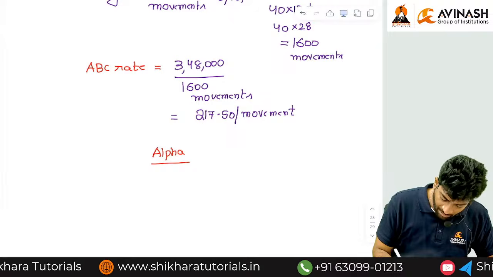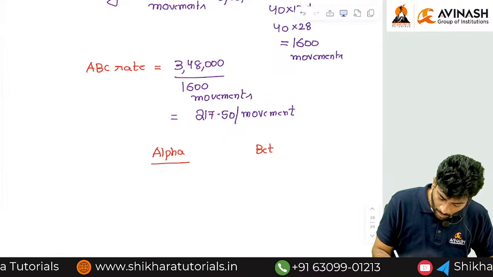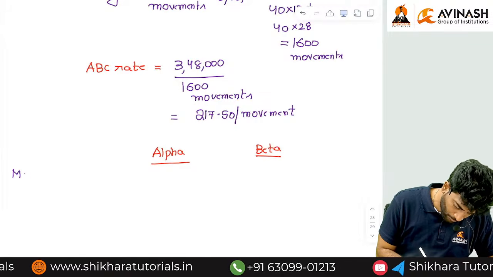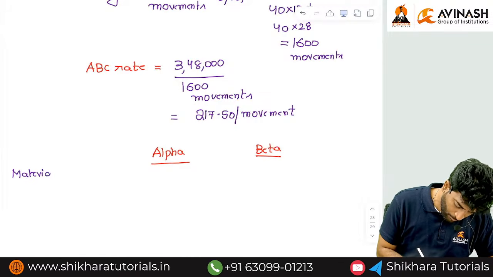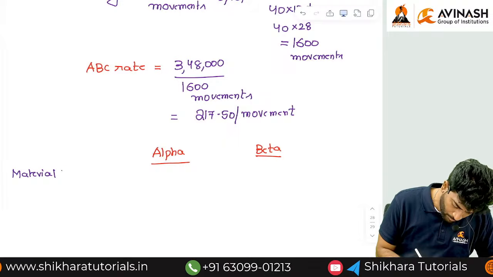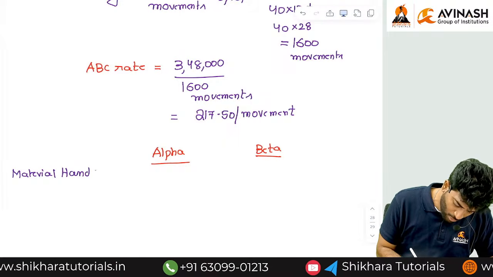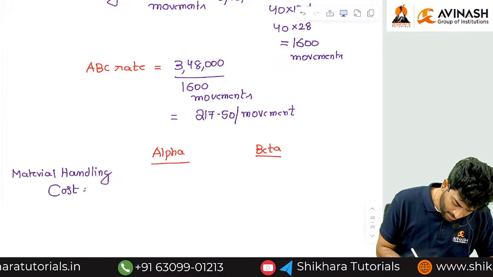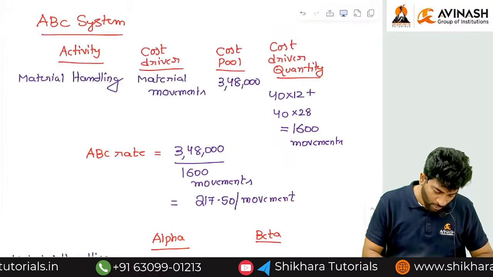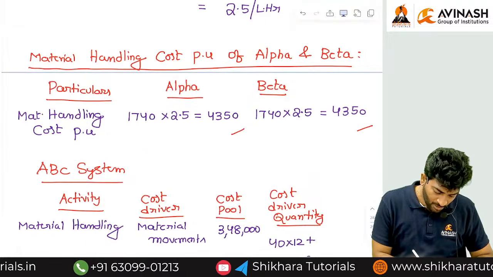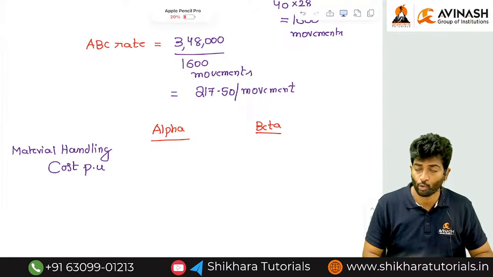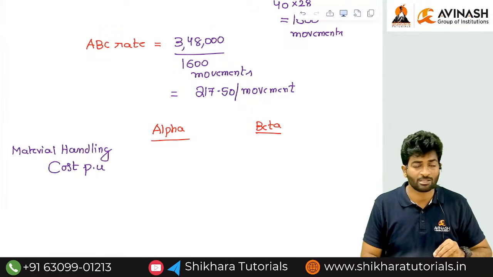Now let us calculate the material handling cost of alpha and beta. By the way, you calculated for 1 unit, right? Yes, in the traditional system we calculated for 1 unit only. So here also it is material handling cost per unit, but here we are calculating based on movements.